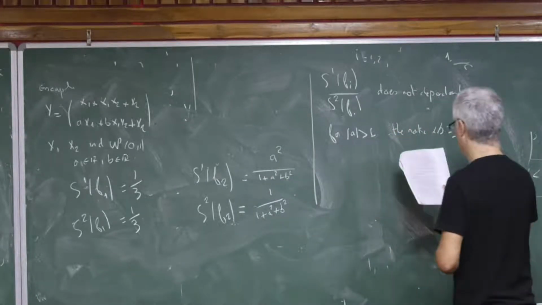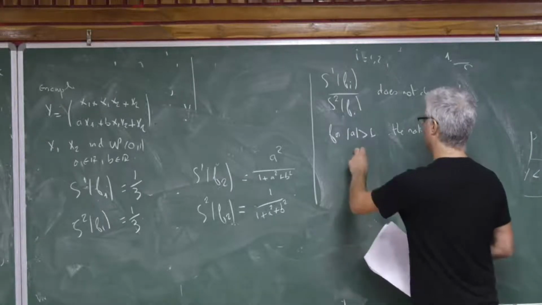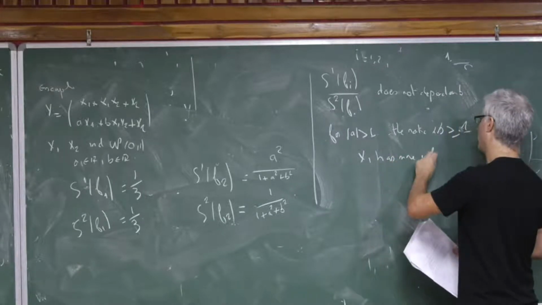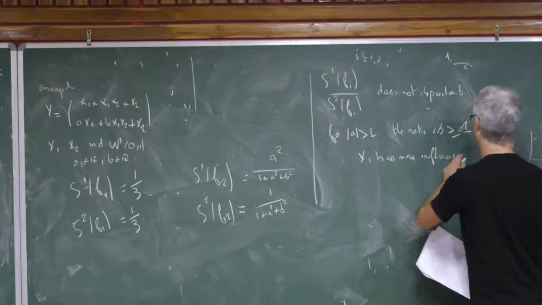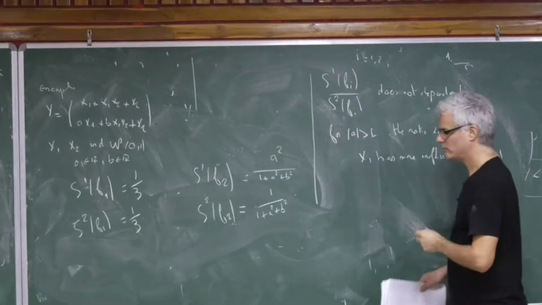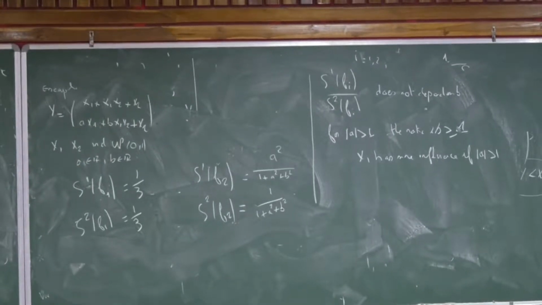So that should mean that X1 has more influence if A is larger than 1.